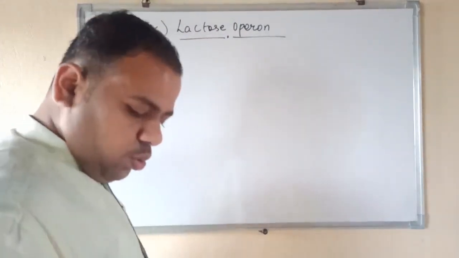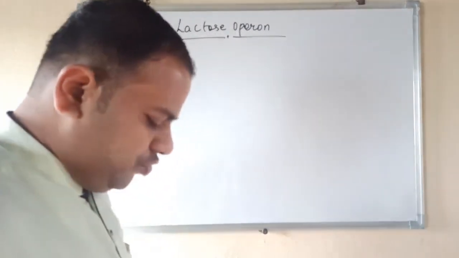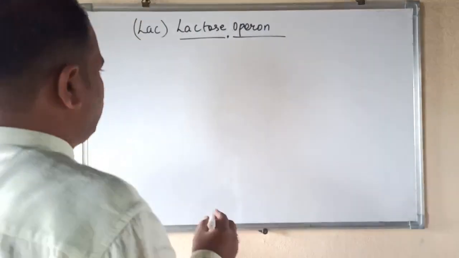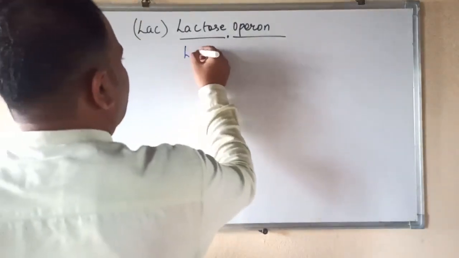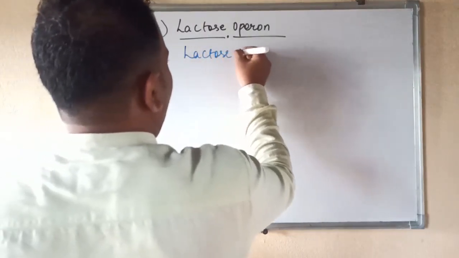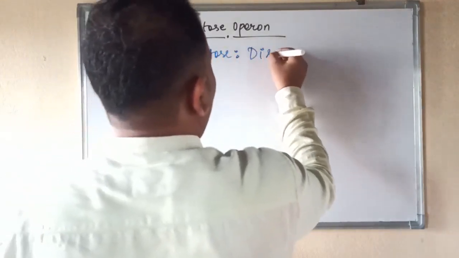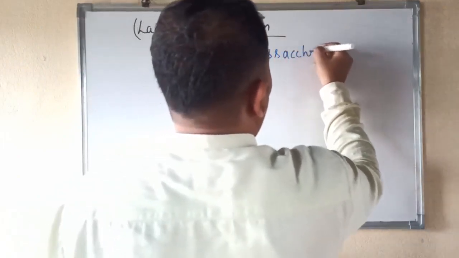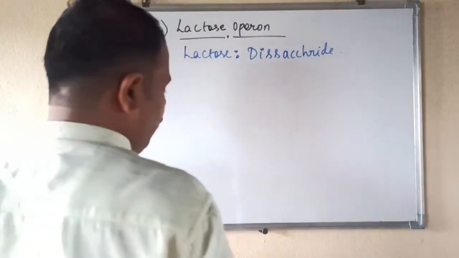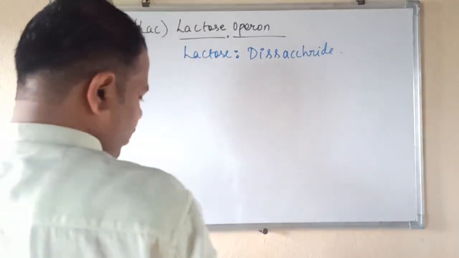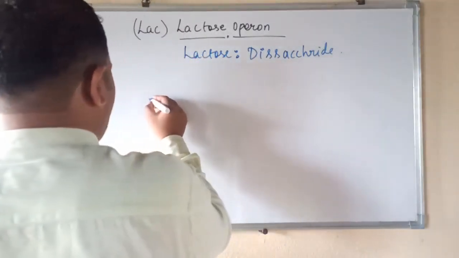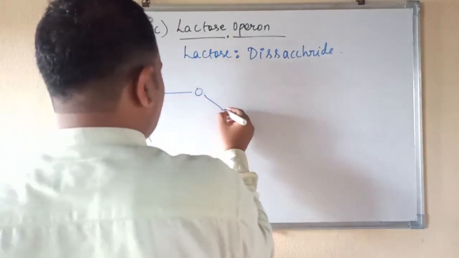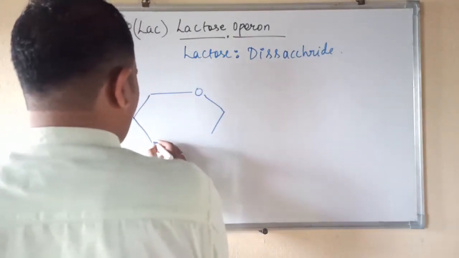So lactose is a disaccharide made up of two different entities. Let's see what they are: it is made up of galactose and glucose.